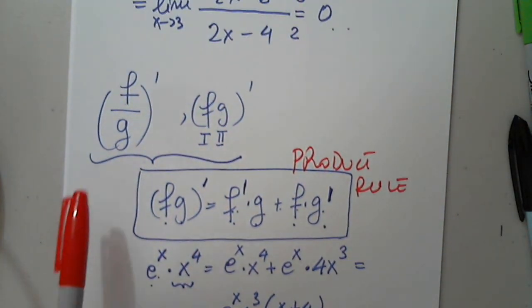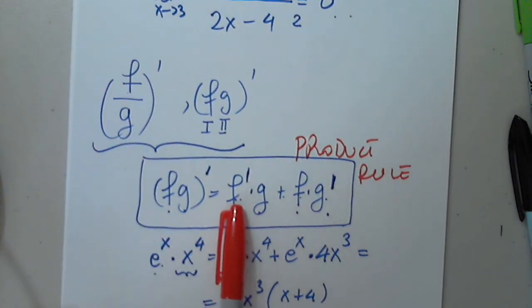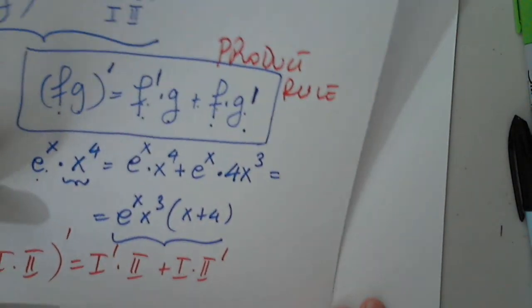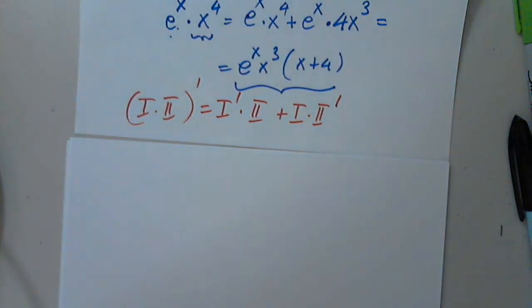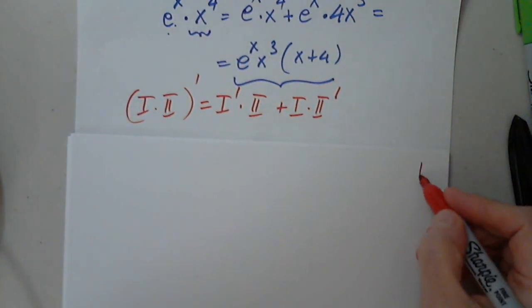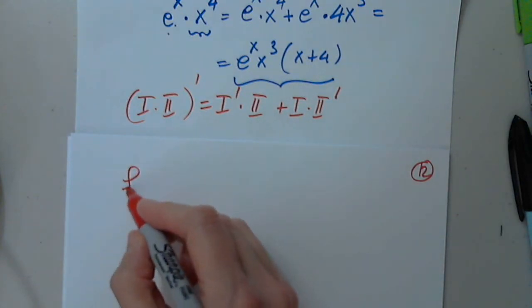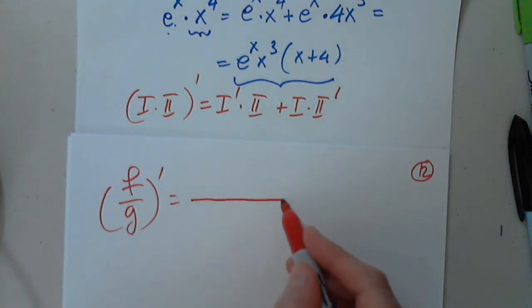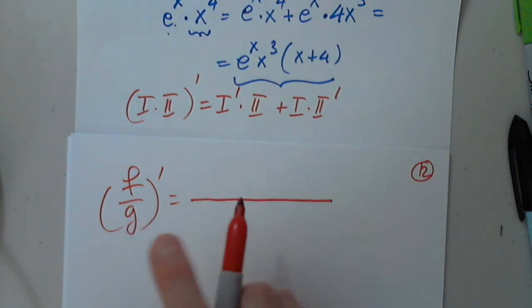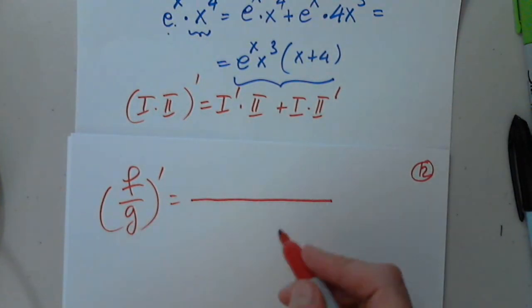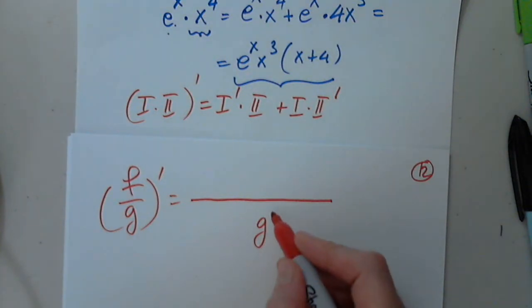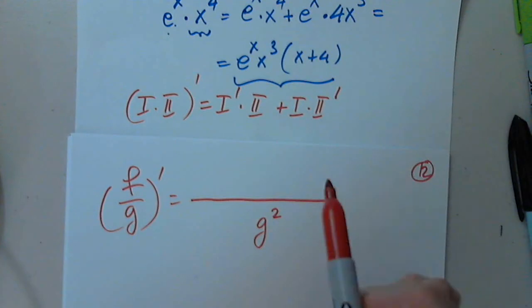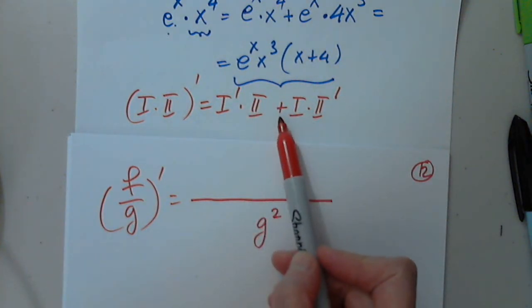However, we have to be very careful with the quotient. So this was the product. The quotient, and we'll look at an example in a minute. The quotient rule, f over g, any function over other function, this is a ratio. The denominator has this function prime, squared, only squared, not differentiated. The top is the same rule, but with minus here.